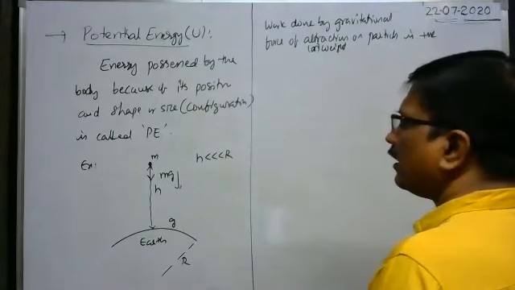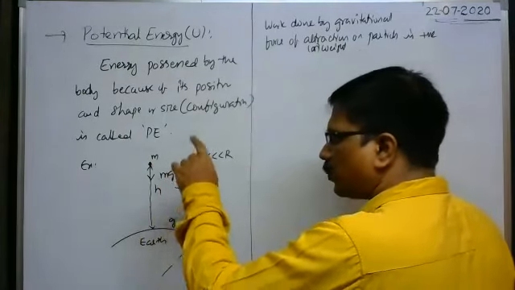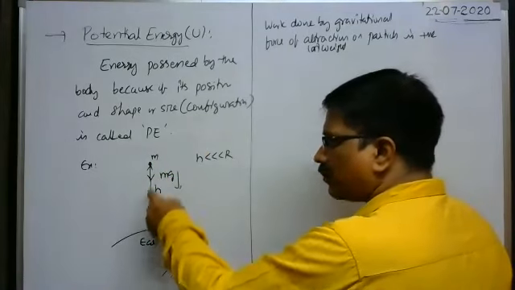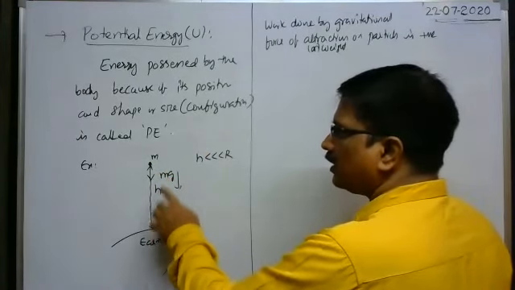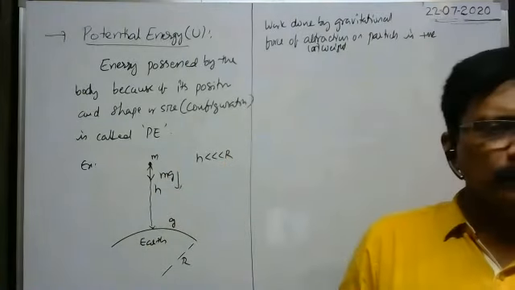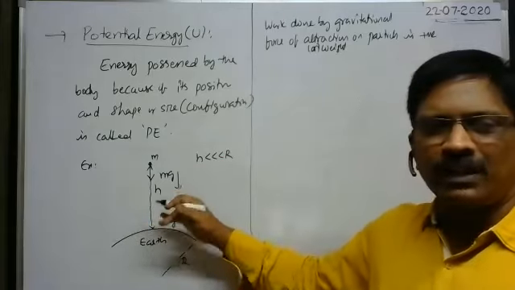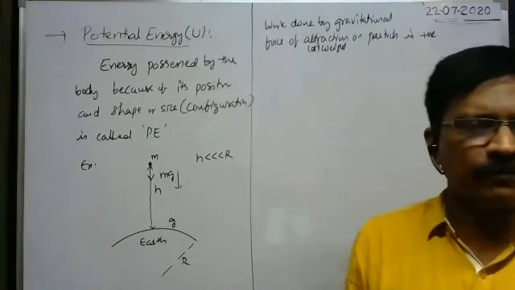Whenever the work done by the gravitational force on the particle is positive, that indicates the particle comes down. When the particle comes down, the height of the particle from the surface of the earth decreases, no? Then only the work done by gravity is positive on the particle.